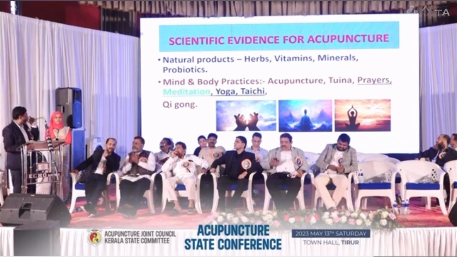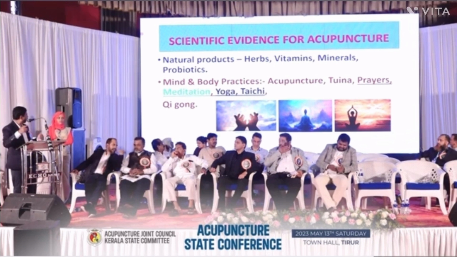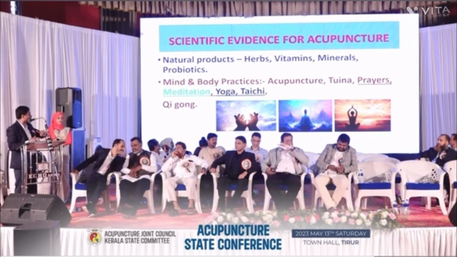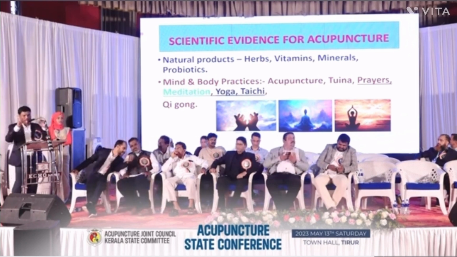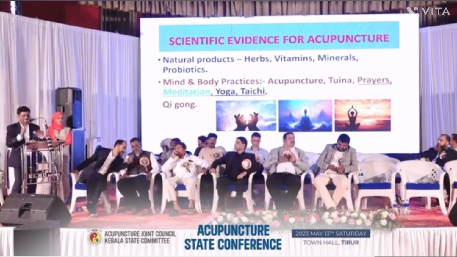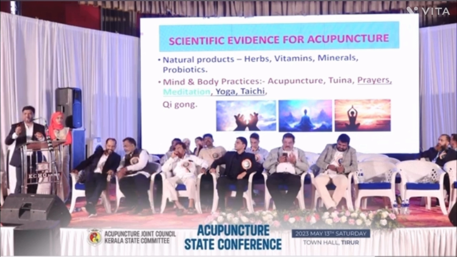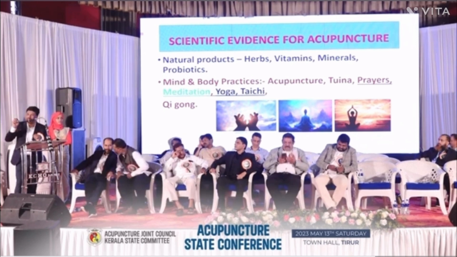When we understand the evidence for acupuncture, what is required along with acupuncture? Of course tuina, acupressure, prayers and meditation are also required. At the same time, yoga, Tai Chi Chuan and Qi Gong exercises are also required.